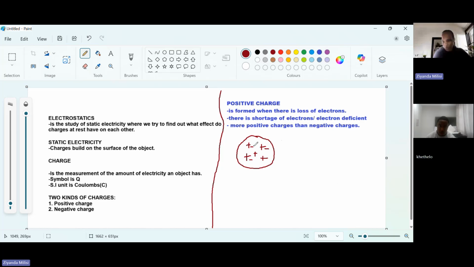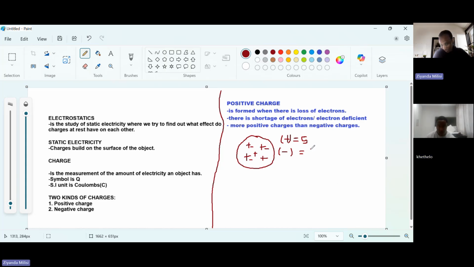Now, can you count for me? How many positive charges are here? 5. So we've got 5 positives. Okay. How many negatives? We've got 3.